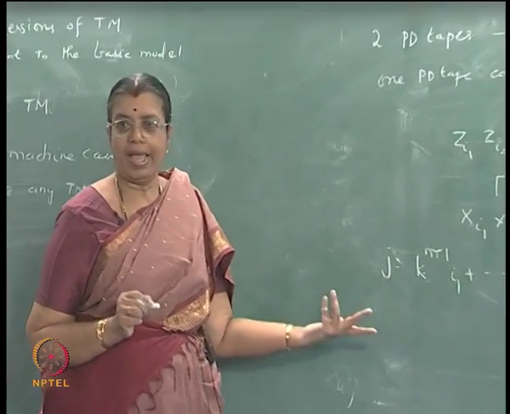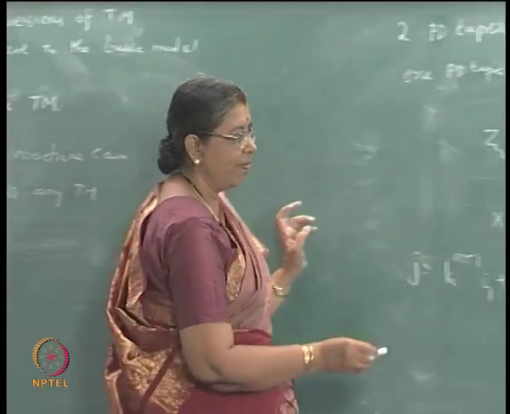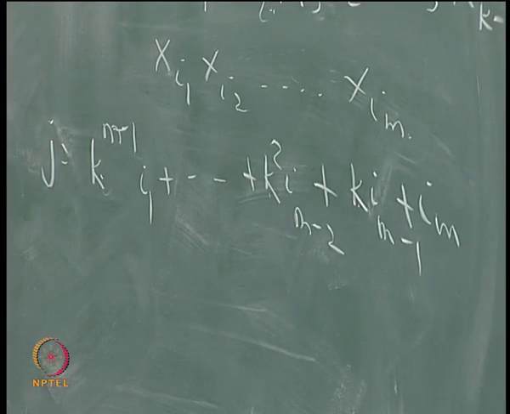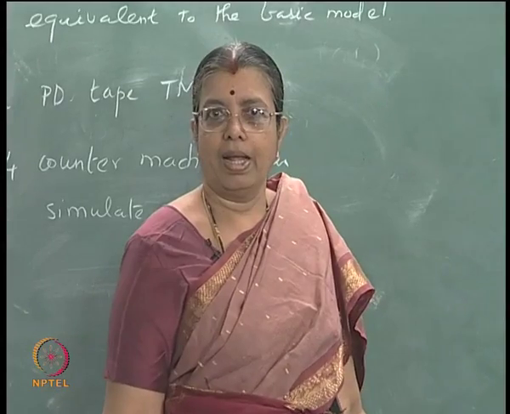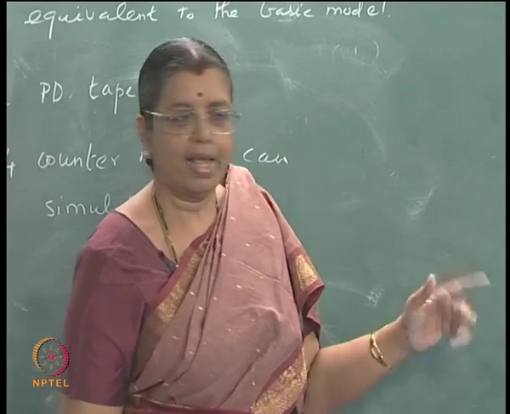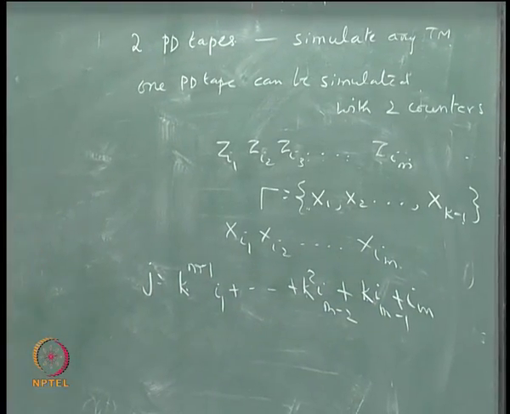Divide j by k, whatever remainder you get will tell you what is Im, the last symbol. Take the quotient, divide by k, the remainder will tell you what is Im minus 1, right.